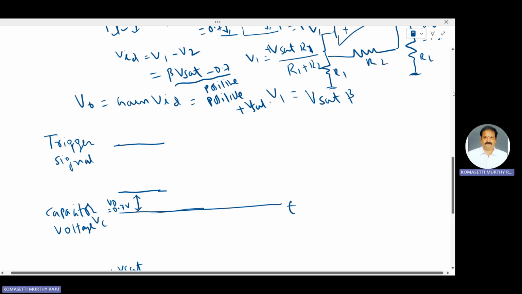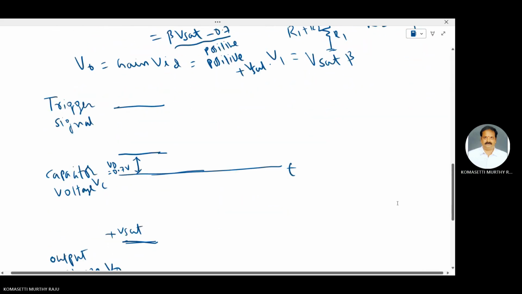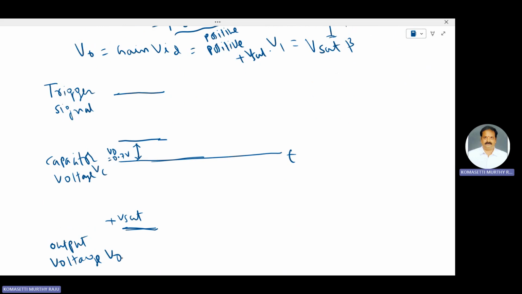Okay. Next. This is the output of the monostable multivibrator, plus Vsat. This one is called the permanent stable state. How to change this state is very important: by applying an external trigger signal.